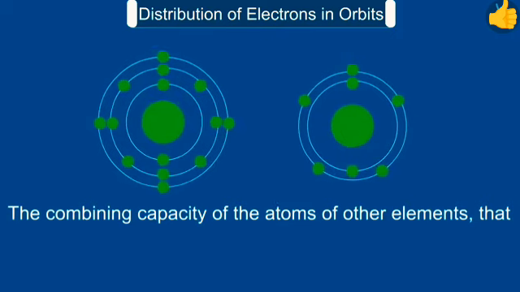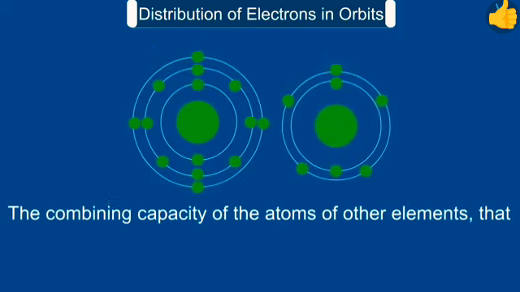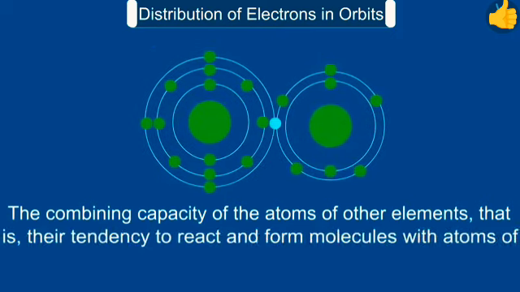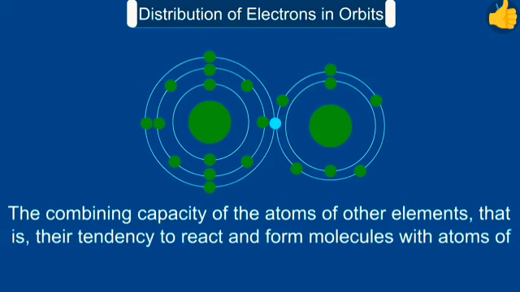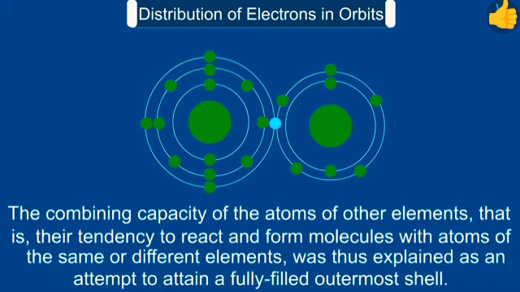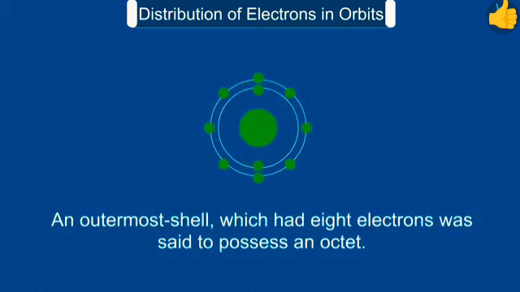The combining capacity of the atoms of other elements, that is, their tendency to react and form molecules with atoms of the same or different elements, was thus explained as an attempt to attain a fully filled outermost shell. An outermost shell which had 8 electrons was said to possess an octet.